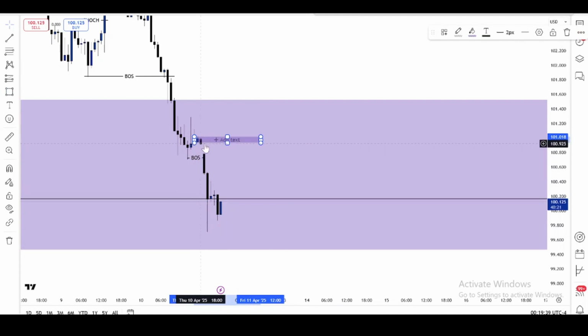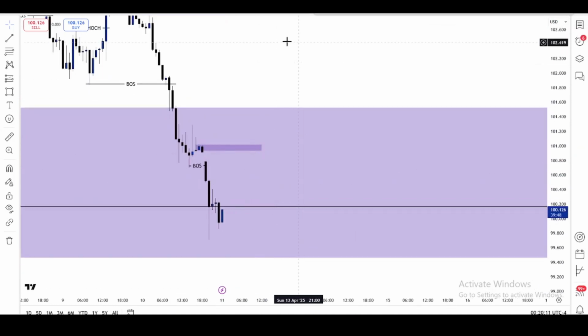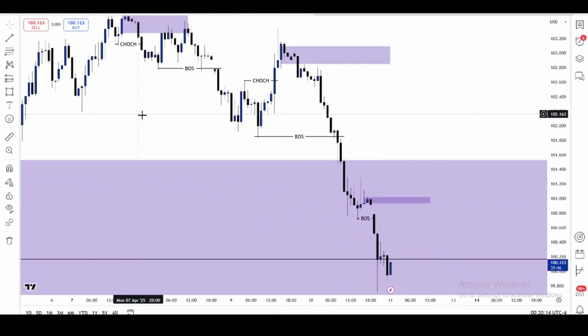If price still wants to go bearish, price may just come here, tap into this volume imbalance, fill up this gap, and tap into this bearish order block before continuing to the downside. So if price comes back to this point and respects this point, we can look for opportunity to sell. But the only time we can even think of the market changing its direction is when we see a shift in market structure.